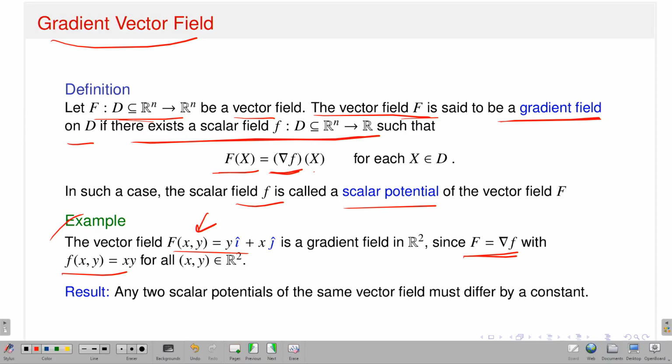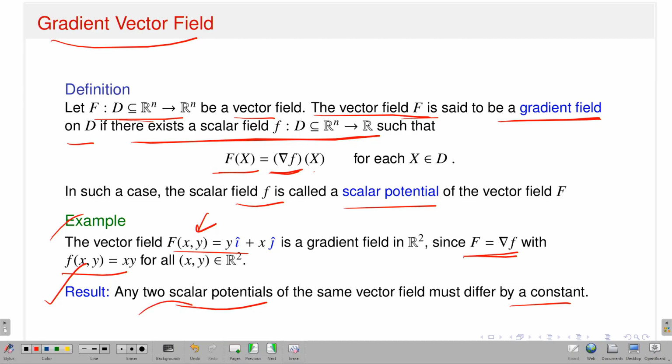So, that means capital F is a gradient vector field, and there is one result I did not prove actually. Suppose you have a vector field capital F, and suppose it is a gradient vector field. Now, if I take two scalar fields and take the gradient, and I get the same vector field, then these two scalar potentials actually differ by a constant.